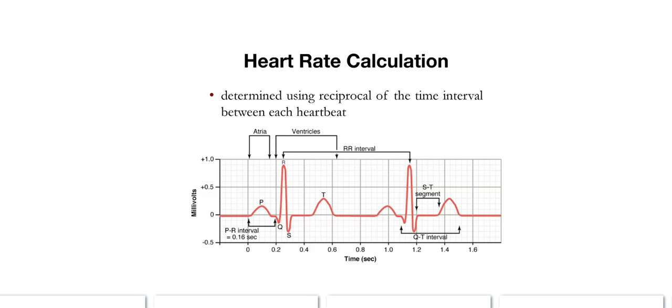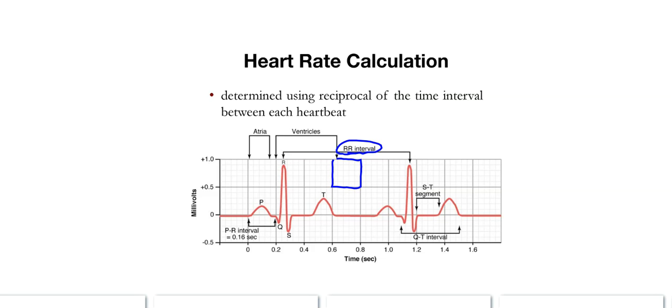When we see an actual ECG show up in a little bit, you'll be able to look at the specifics. But effectively what you're doing is counting here. If this is considered one large square, you would count the number of those in this interval. Okay? 300 divided by that number gives you the value that you're looking for.